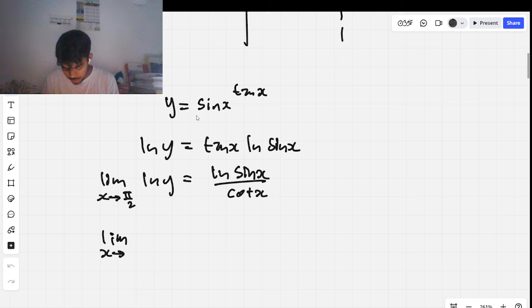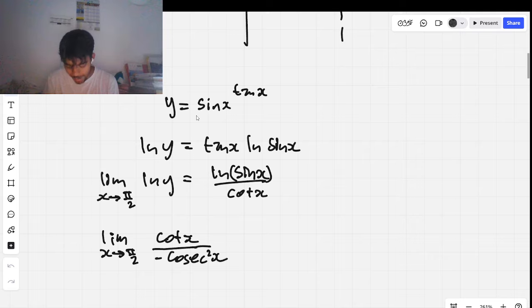By L'Hopital's rule, I know that this is the same as differentiating numerator and denominator. The derivative of ln sine x should be cot x. The derivative of cot x is minus cosec squared x.